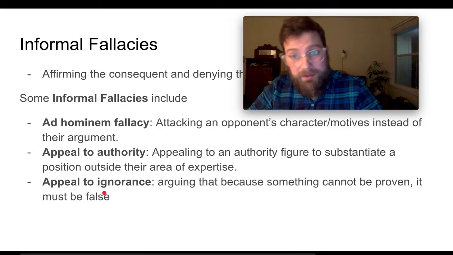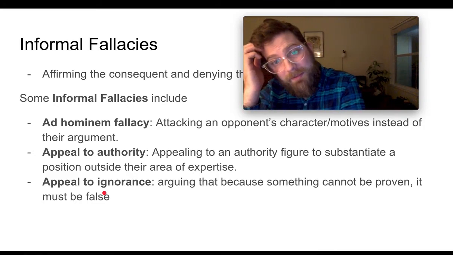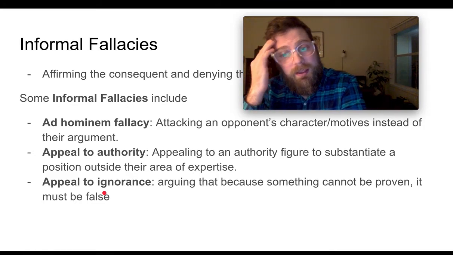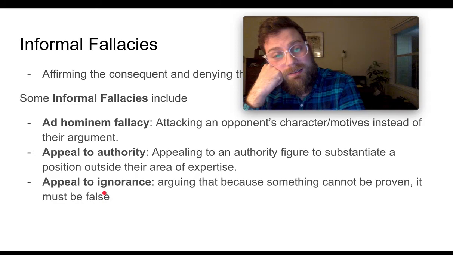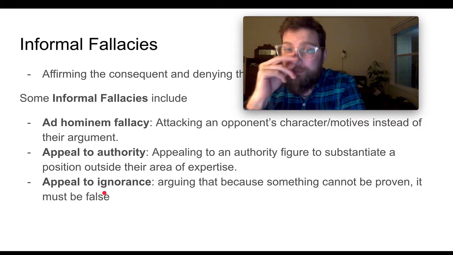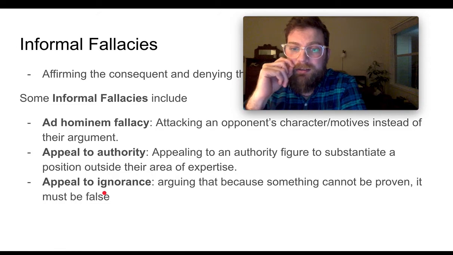Here's another one that you'll see a lot. It's sometimes called the appeal to ignorance. And it says that because something cannot be proven, it must be false. So in these cases, you find people saying, well, this person cannot prove that I'm wrong, so I must be right.